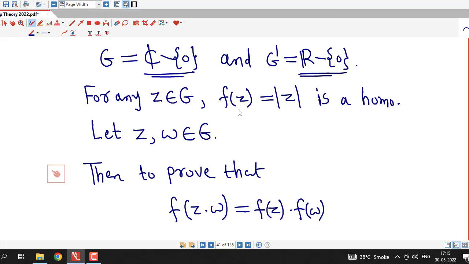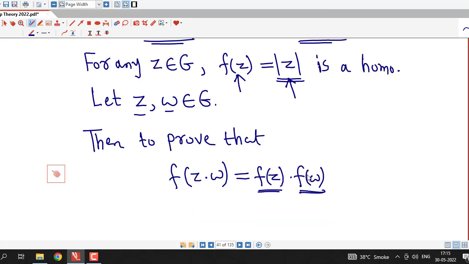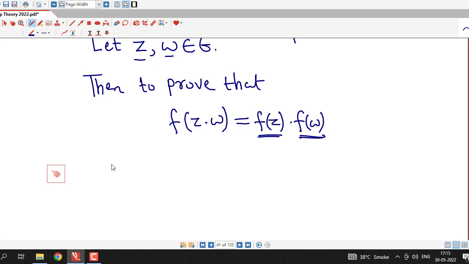Now we know that if z is a complex number, the absolute value of z is a real number. Therefore f of z and f of w are real numbers, and because z and w are non-zero complex numbers, their absolute values are also non-zero. Therefore these two numbers are non-zero real numbers. So to prove this, we start with the value of the function at z into w.